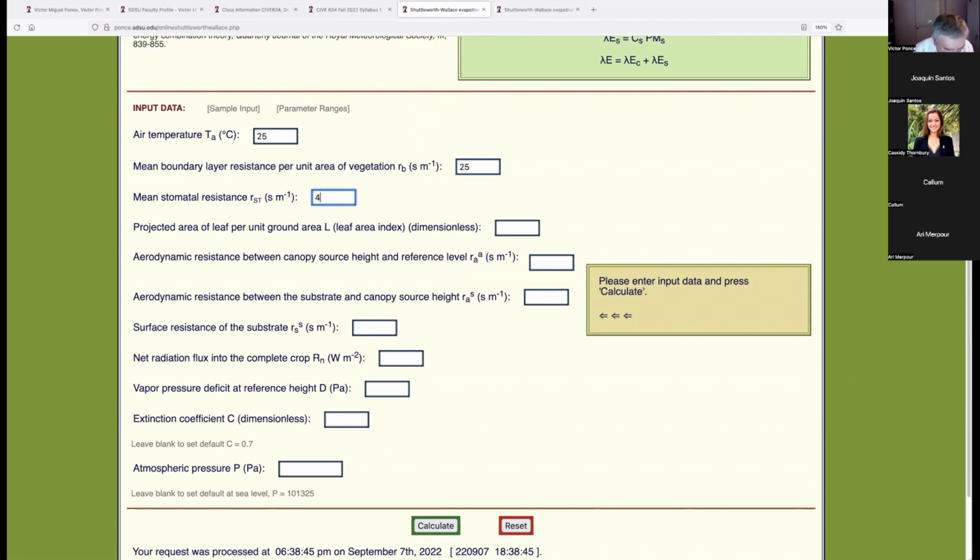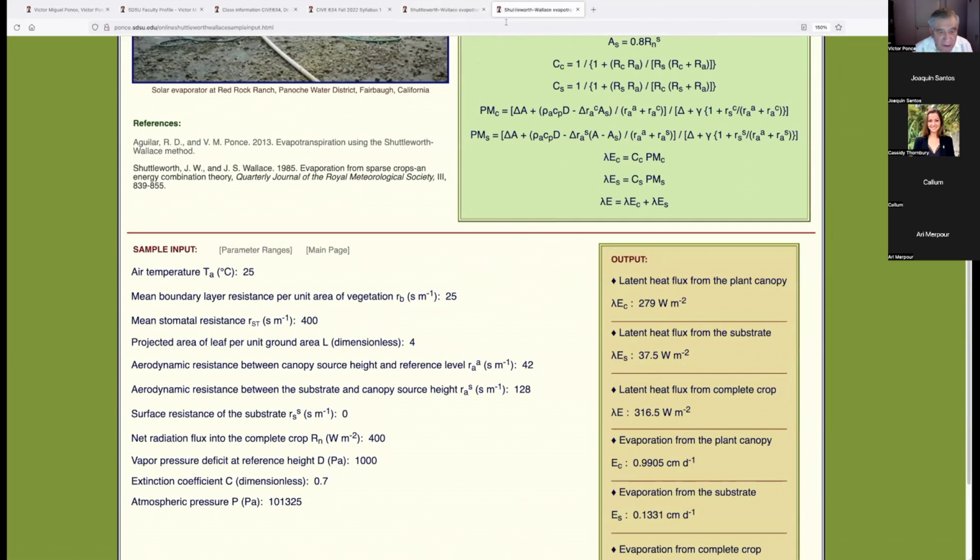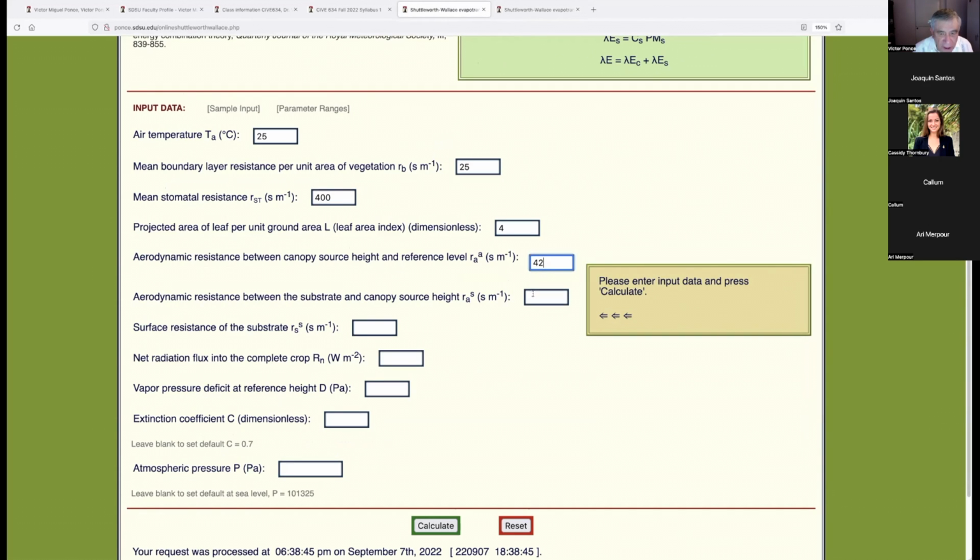So 400, projected area 4, and aerodynamic resistance 42. I'm hoping I'm doing this right in here. Then aerodynamic resistance 128 and 0 at 400.